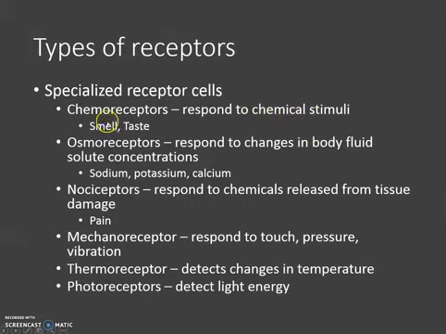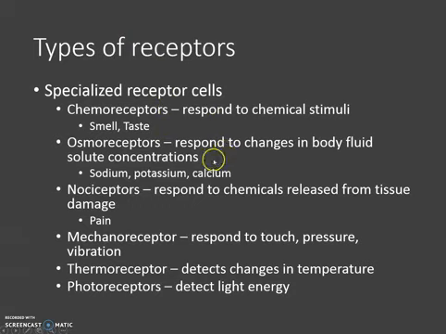So for example, when you smell something, it's because there are smell molecules in the air that enter your nose and bind to chemoreceptors in your nose, and that triggers your sense of smell. You also have chemoreceptors in your taste buds, and when certain molecules bind to those taste buds, you perceive the taste of what you're eating.